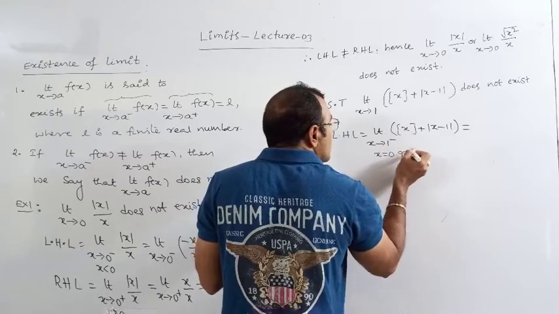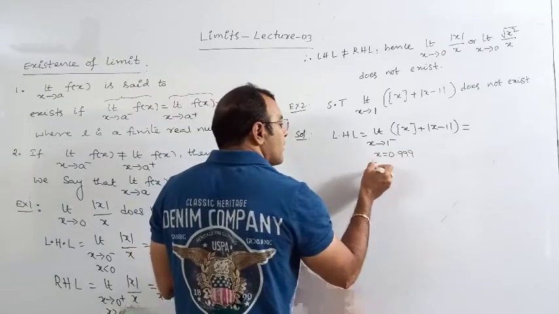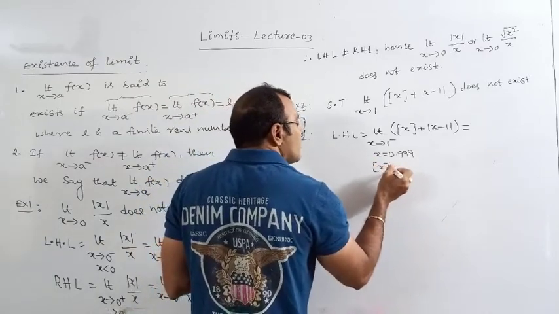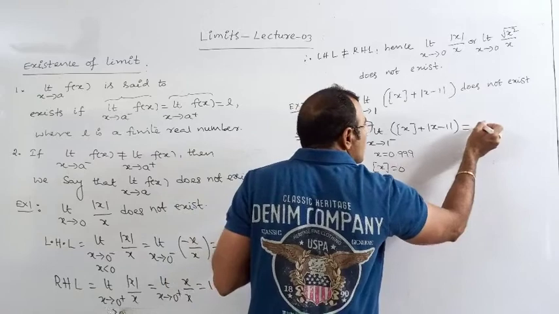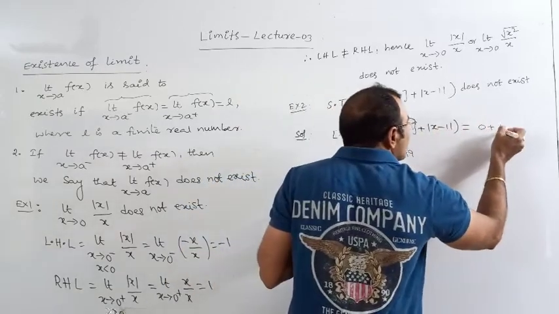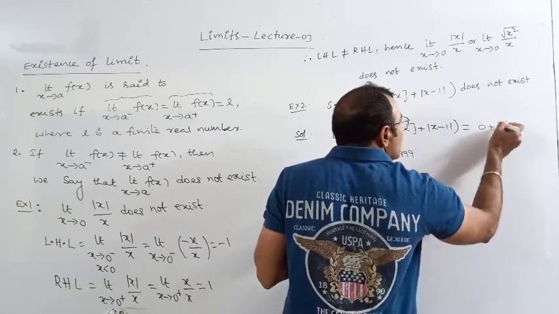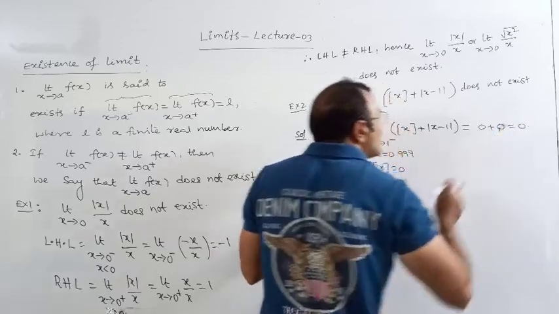You can take 0.999. Then what is its integral part of x? It is 0. So this value is 0, plus you can substitute 1 here, you will get 0. That's equal to 0.